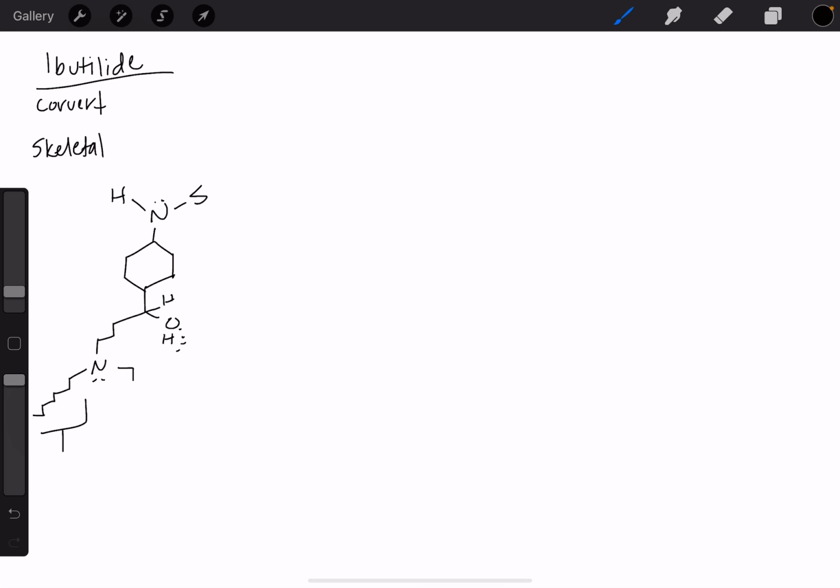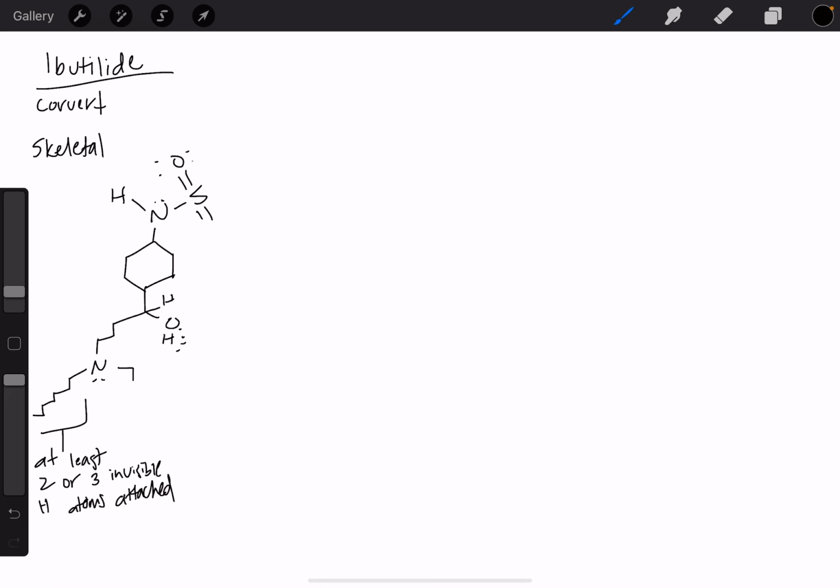There's going to be at least 2 or 3 invisible hydrogens attached to these carbon atoms down here. Let's write that down: at least 2 or 3 invisible hydrogen atoms attached. And we can assume that those are going to be tetrahedral later on.